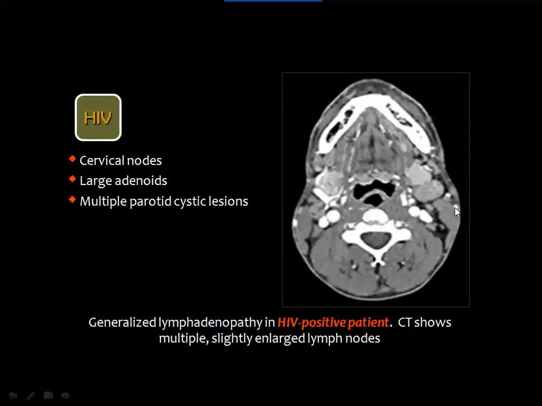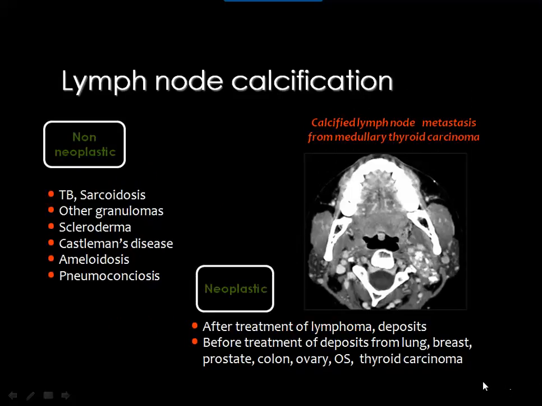Then the presence of cervical lymph nodes in an AIDS patient may represent reactive nodes, and may be the sequelae or an indication of the presence of lymphoma. Usually we used to look at the calcified nodes as if they are post-inflammatory, but you should remember that some of the neoplastic nodes may contain calcium.